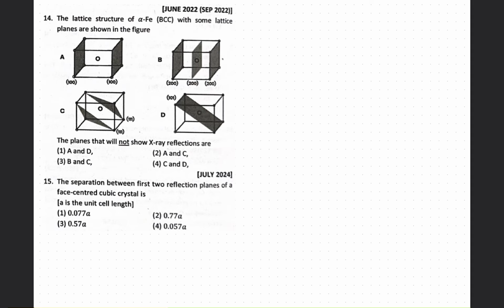The lattice structure of alpha iron, which is BCC, is shown with some lattice planes. You have to tell which will not show X-ray reflection. In BCC you have to follow the same rule: see the HKL plane, and their sum should be even, right?